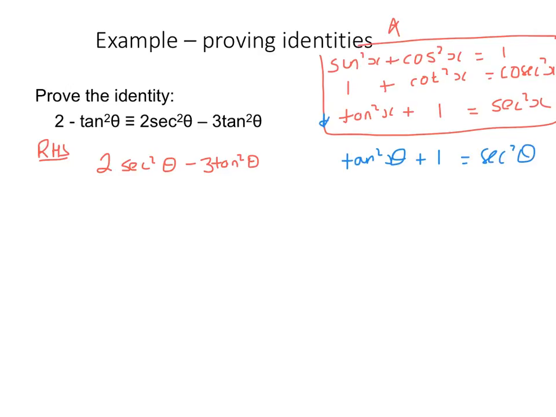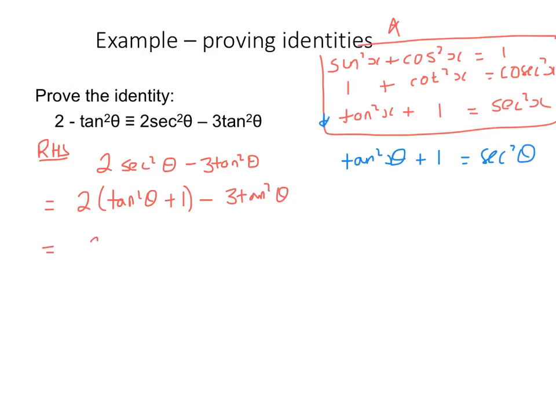So therefore, this will become 2 tan squared theta plus 1 minus 3 tan squared theta.